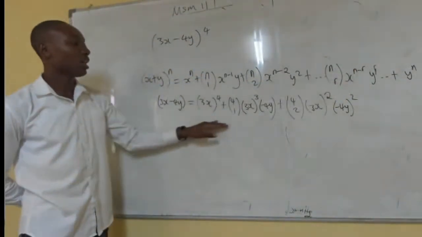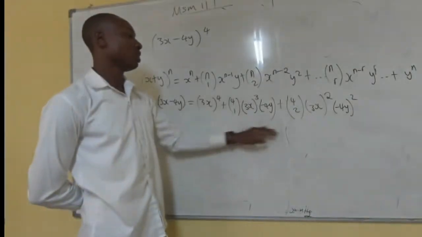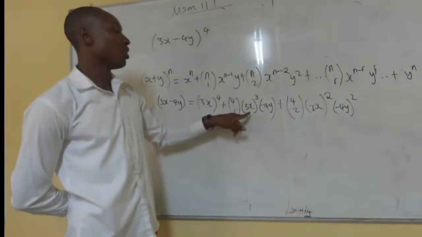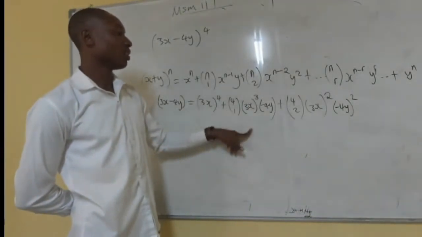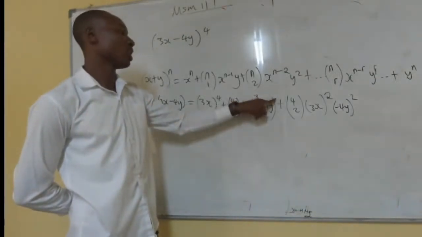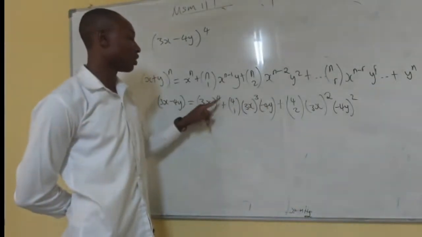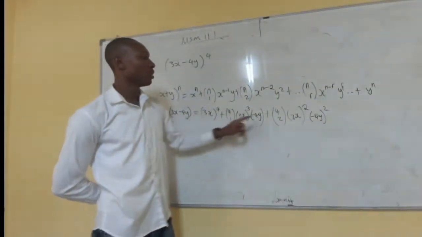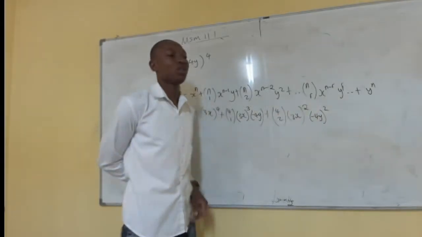So as we continue writing the expansion, the power of the variable here and the variable here add up to n. So n is 4 in this case: 3 plus 1 is 4, 2 plus 2 is 4.